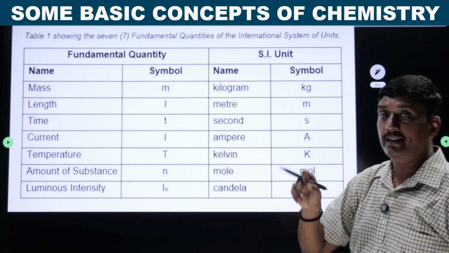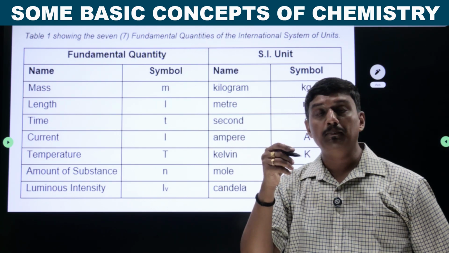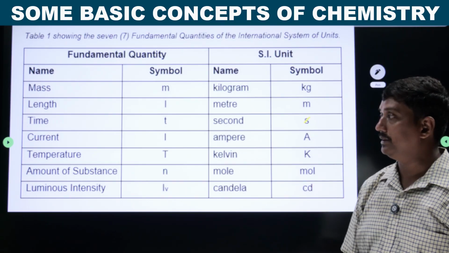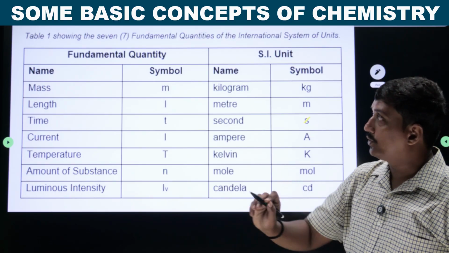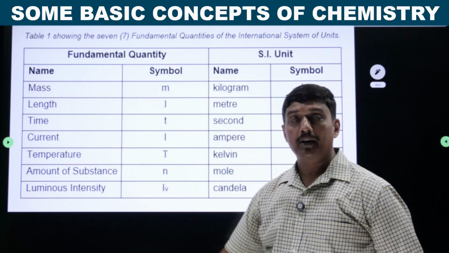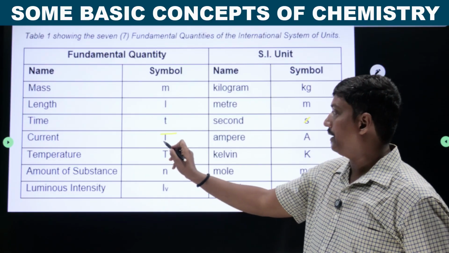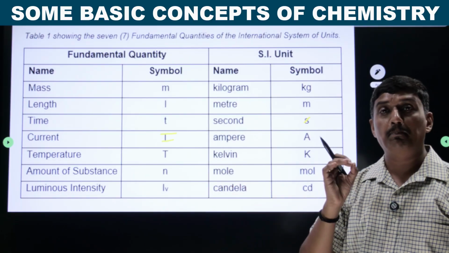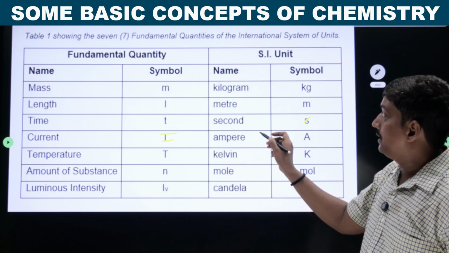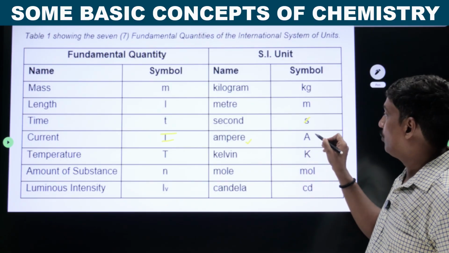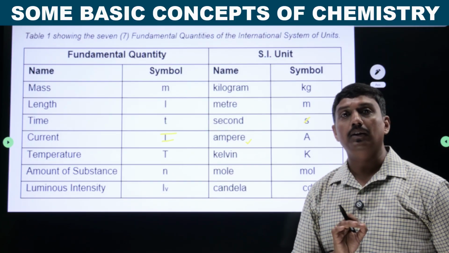Its unit is second and the symbol is small letter s. The fourth fundamental unit is current. Current is symbolically represented as capital letter I. Its unit is ampere and the symbol for ampere is capital letter A.